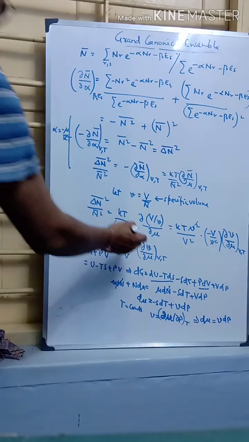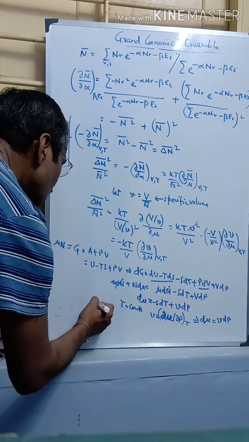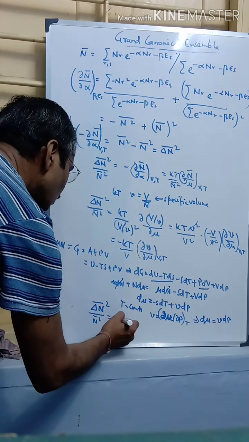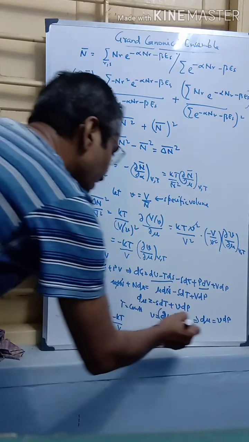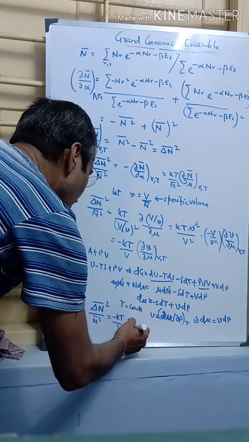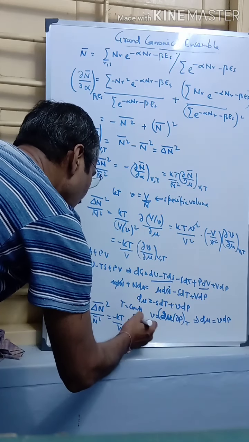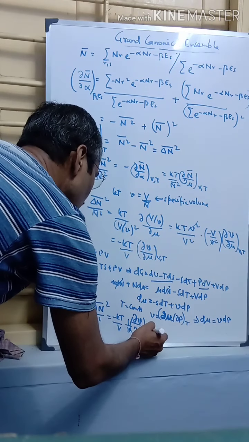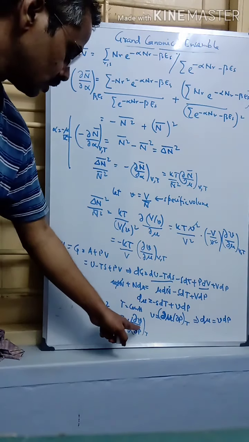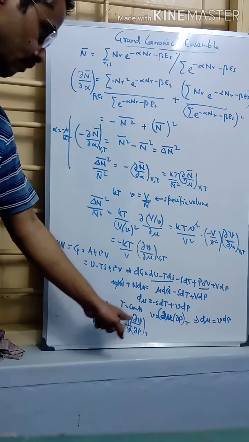So we can define the fluctuation delta N average square to be equal to minus kT by V, and d mu is replaced by VdP, so this would be equal to 1 by V dP and dV. This part is the inverse of the bulk modulus of elasticity, minus dP by dV by V.